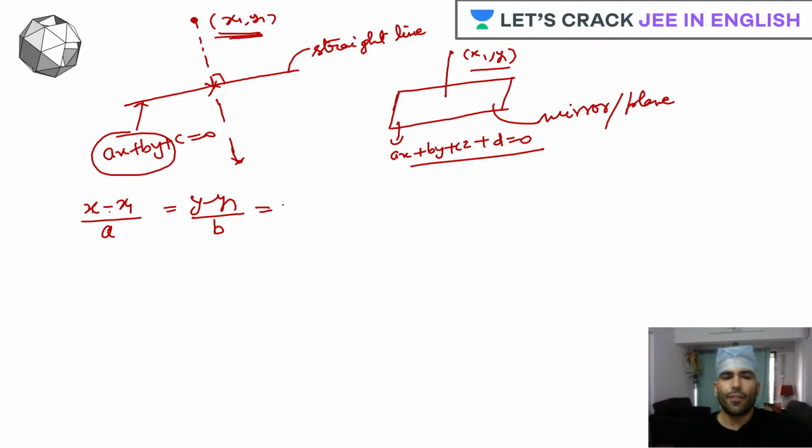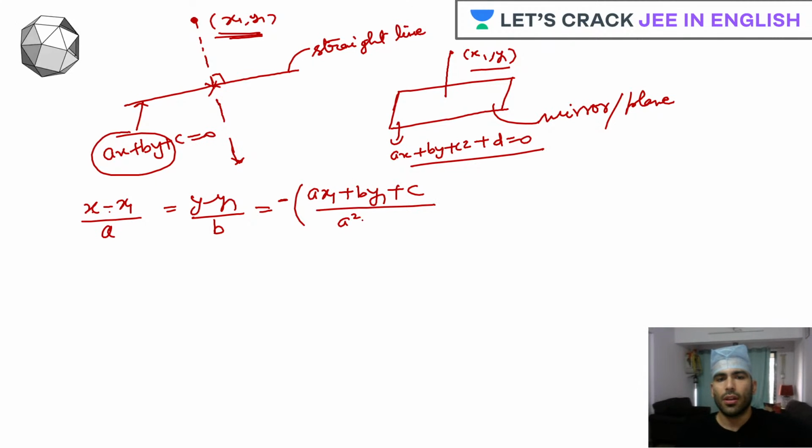Now instead of that distance, you need to write this: a x1 plus b y1 plus c upon a square plus b square. Directly write this. If you write this, you will be getting what? The coordinates of the foot.